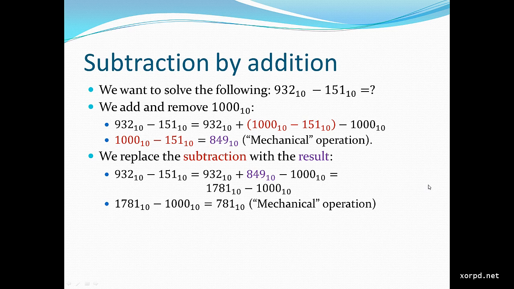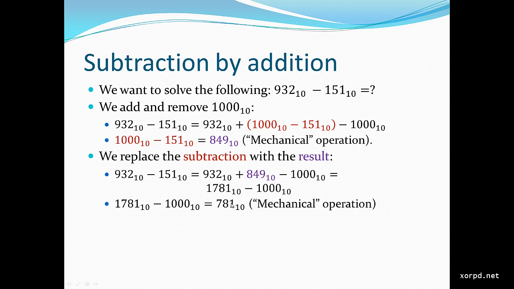So instead of subtracting those two numbers, which could be pretty hard, we just turn this equation, or maybe exercise you could call it, into two mechanical subtraction operations and one real addition operation. The first mechanical subtraction operation is here, 1000 minus 151, which is very easy to do. And the second one is this one, 1781 minus 1000.